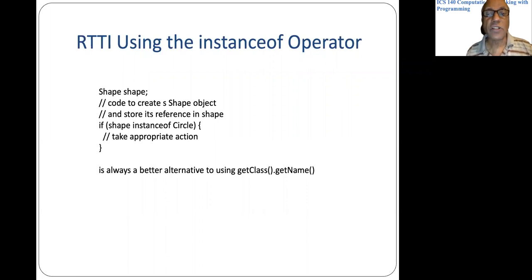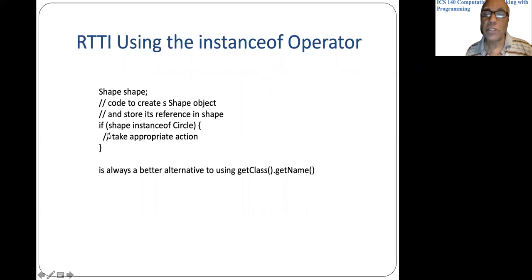So if Circle was of type Shape, then shape instanceof Shape would also be returning true. So shape instanceof Object would also return true. So this would be okay as an alternative to using getClass().getName(), because Java will check that Circle is indeed a class that is known to the program.